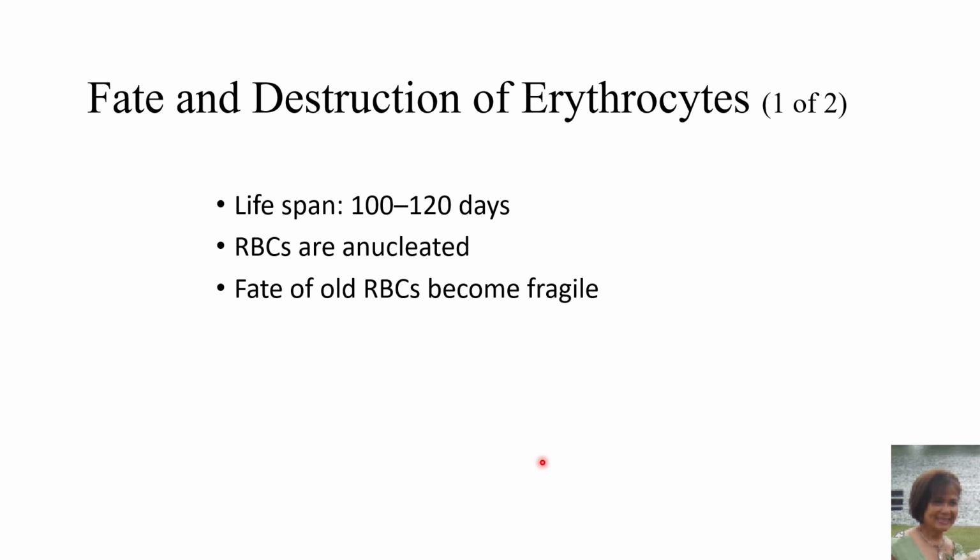The lifespan of an erythrocyte is about 100 to 120 days only because of the absence of protein, and it doesn't have much of the organelles inside it. It doesn't have mitochondria. It cannot produce its own ATP, and therefore it dies. It stays only in our blood for about 100 to 120 days.